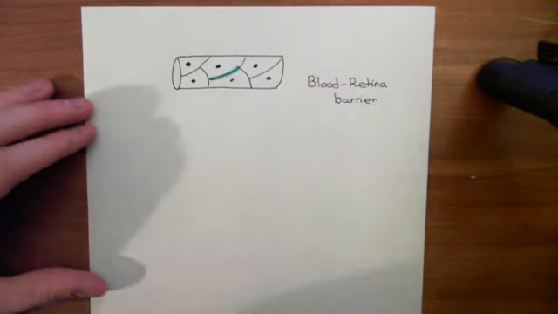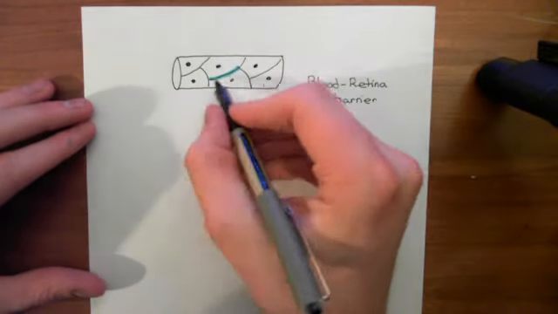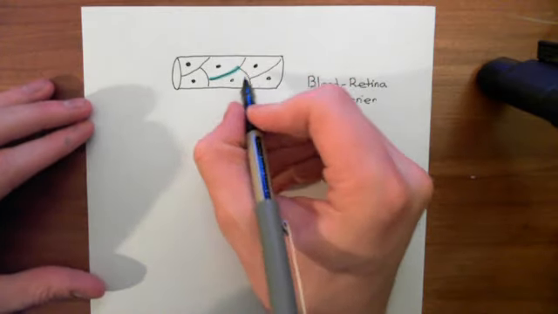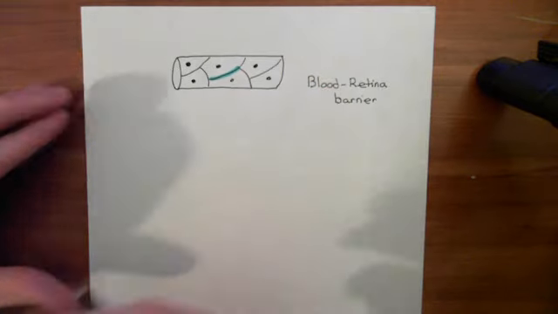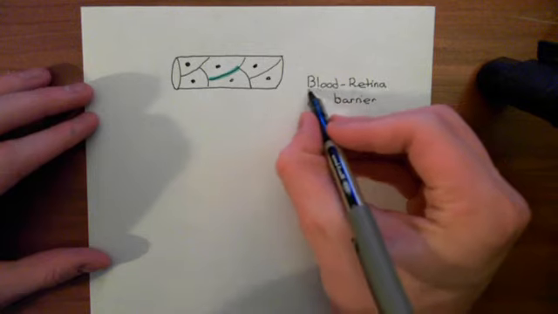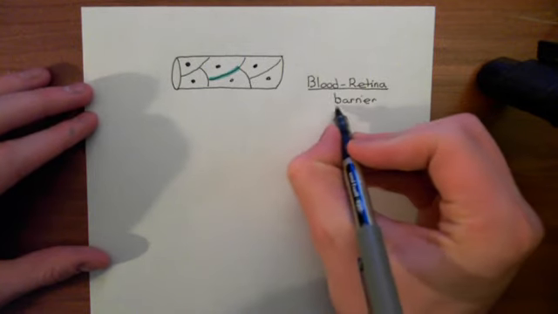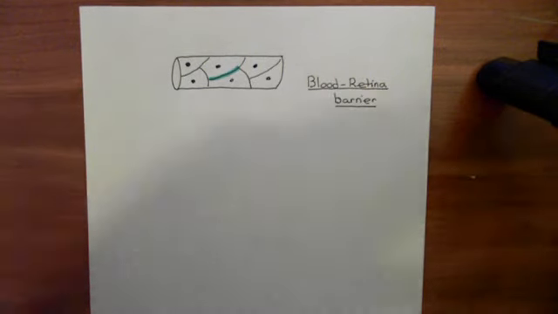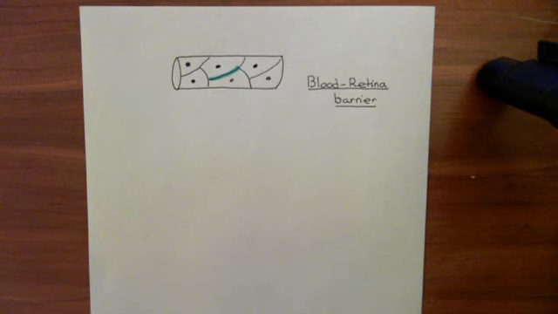In other capillaries elsewhere in the body, there might be nice big gaps between neighboring endothelial cells and the capillaries will be very leaky. But in the retina, there is this concept of the blood-retina barrier, and this means that the junctions between the endothelial cells are going to be extremely tight. So you can't just move across that membrane.